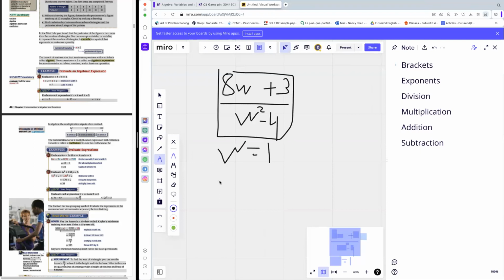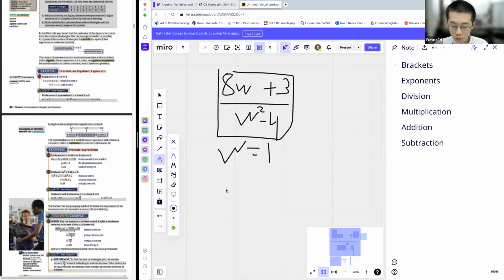Which one? So the question on the screen, we have 8w plus 3 divided by w squared minus 4, and then we have W is equal to 1. How would you calculate it? Right? I don't really know. You're not too sure? Yeah.